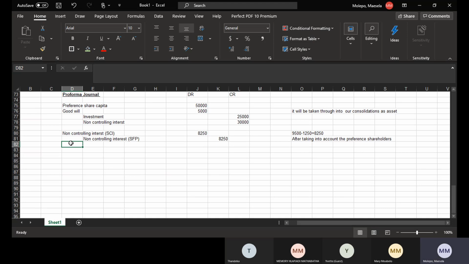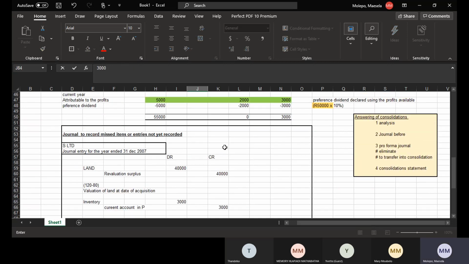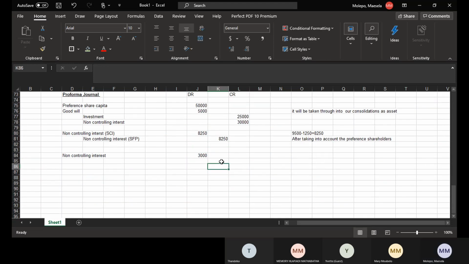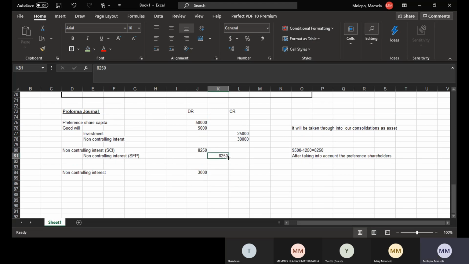Then we continue. We have another one, which will be the non-controlling interest, the NCI, of the 3,000, which is based on this information, and another 3,000 on the credit side.